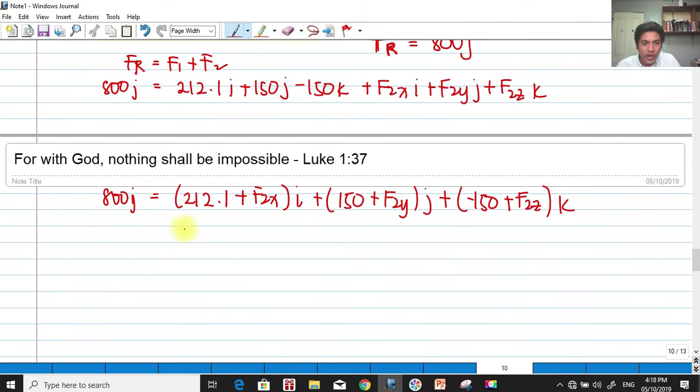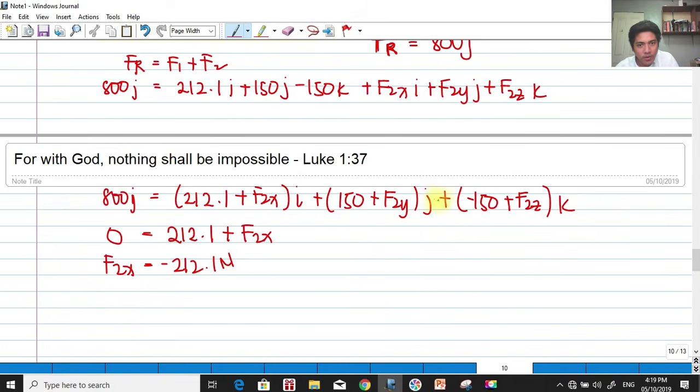By inspection, we can solve. Are there any terms of i on this side of the equation? For solving F2x, we have 0 equals 212.1 plus F2x, since there is no i in this equation, so it should be 0. Solving, F2x is negative 212.1, and of course the unit is Newton.